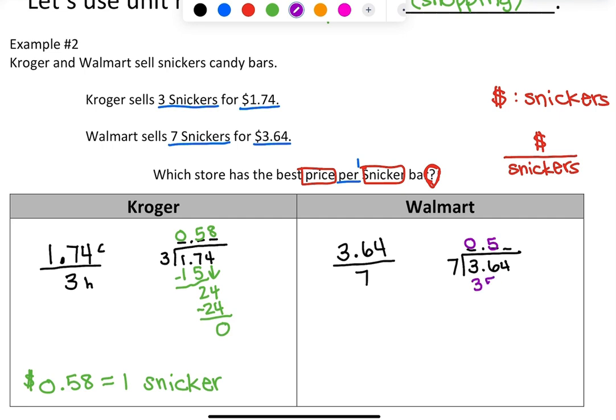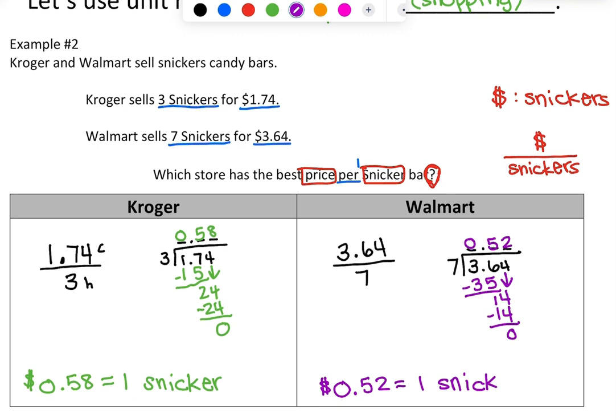Gives me 35. Gives me 1. Bring down my 4. 7 goes into 14 2 times, which gives me a perfect 14 and 0. So Walmart has 1 Snickers bar for 52 cents equals 1 Snickers.